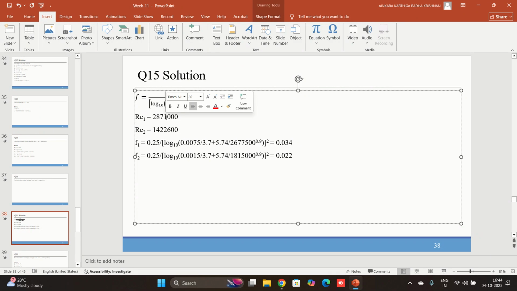So now we have to substitute this value in here, and we can substitute this Reynolds number 2, that is in pipe 2, while calculating the friction factor in pipe 2. So this is this.